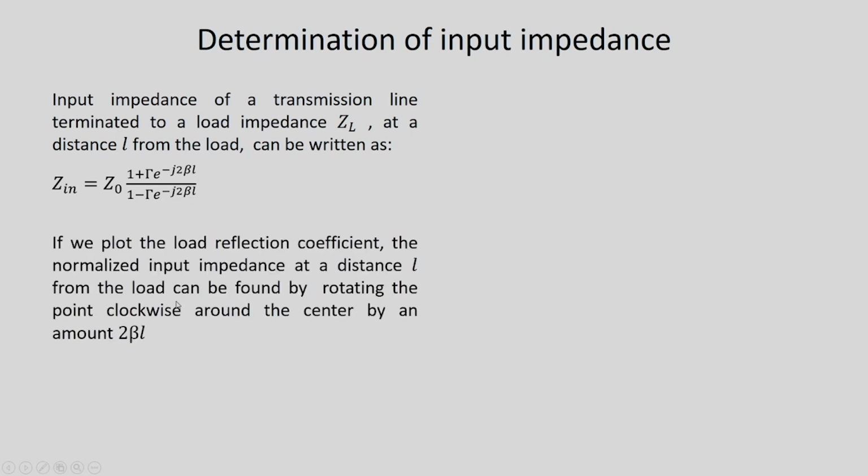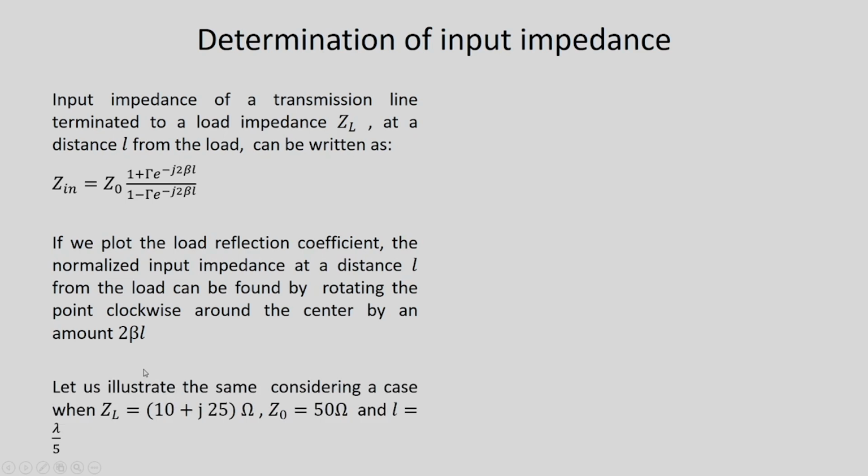Now, if we plot the load reflection coefficient gamma, then the normalized input impedance at a distance L from the load can be found by rotating the point clockwise around the center by an amount 2 beta L. Please note beta is 2 pi by lambda, and when L is lambda by 2, we get a phase shift of 2 pi, that means a complete rotation.